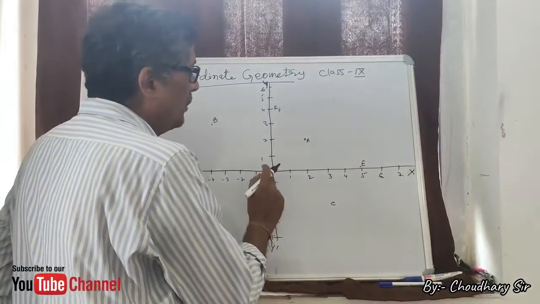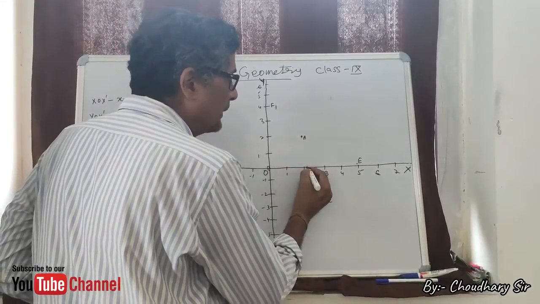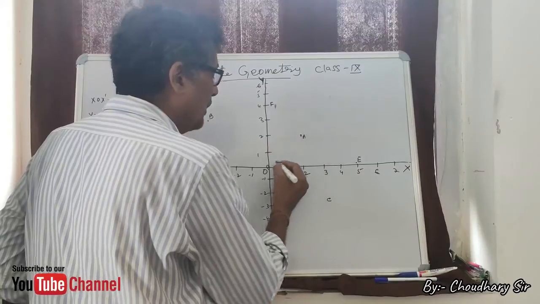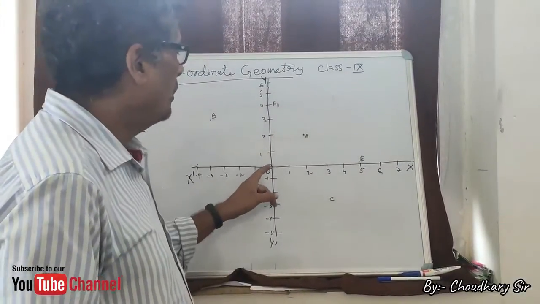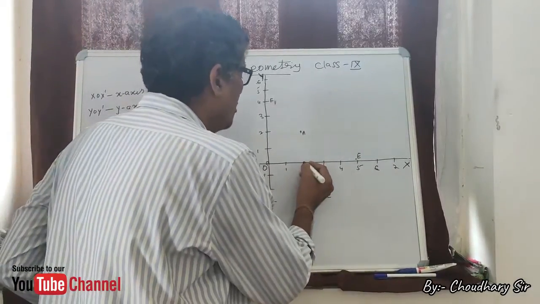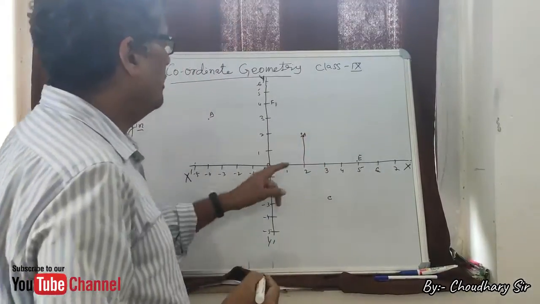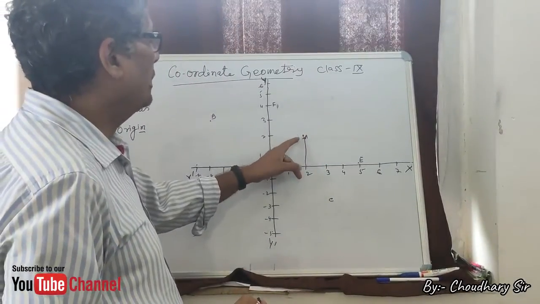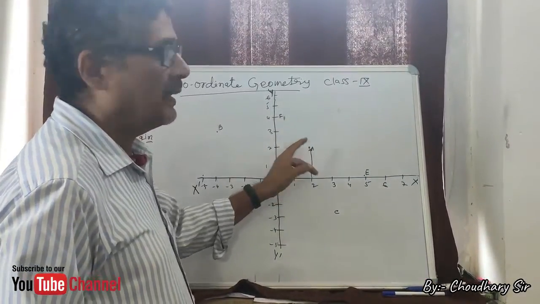First of all, we come from the origin along the x-axis. After a distance of 2 units, we come along the y-axis at distance 2. So we get point A.